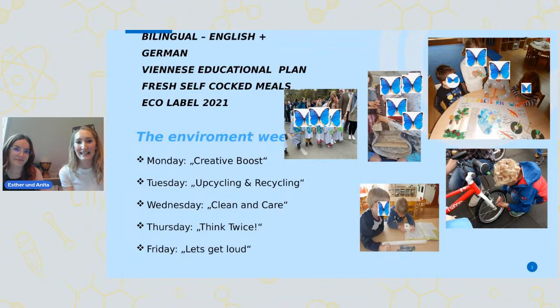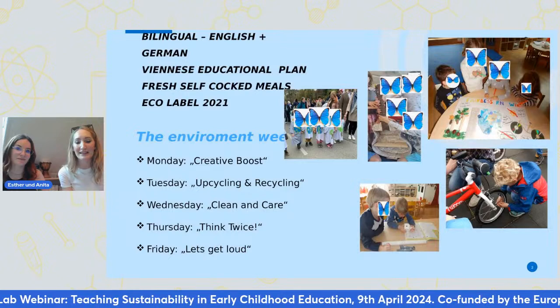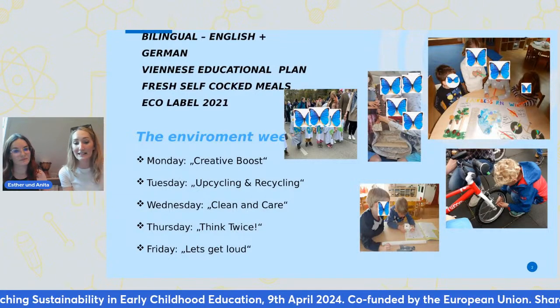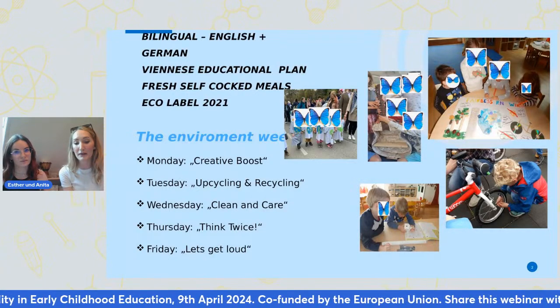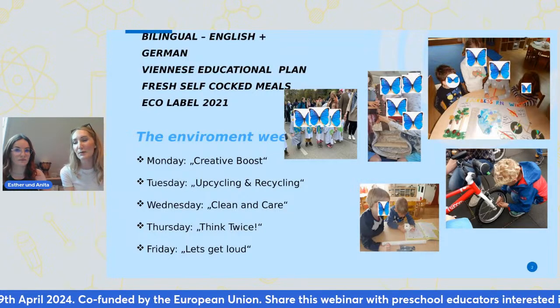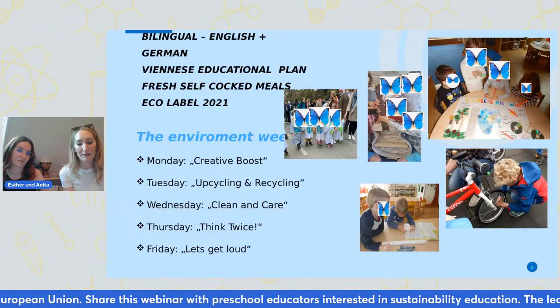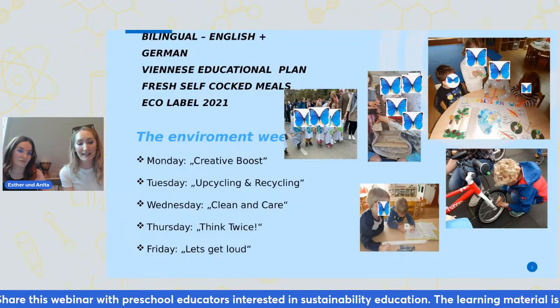That means that all our food is from local sources, or mostly from local sources. Our locations are certified by the Austria Bio Guarantee Ltd. And currently the organic food share is approximately 62% in our locations.